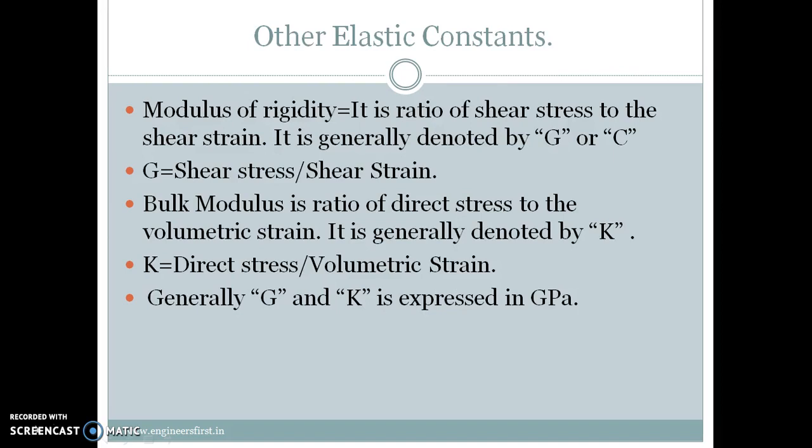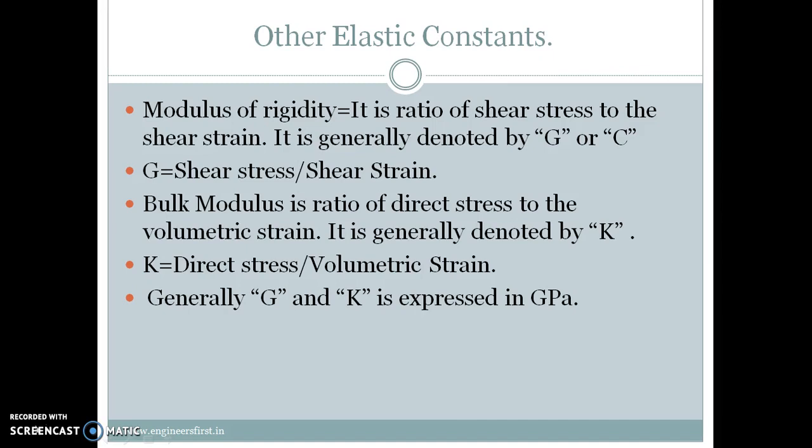There are three elastic constants. Already we have discussed modulus of elasticity. So let's discuss another elastic constant. First one is modulus of rigidity. It is the ratio of shear stress to the shear strain. We know that corresponding to shear force, there will be shear stress and shear strain.